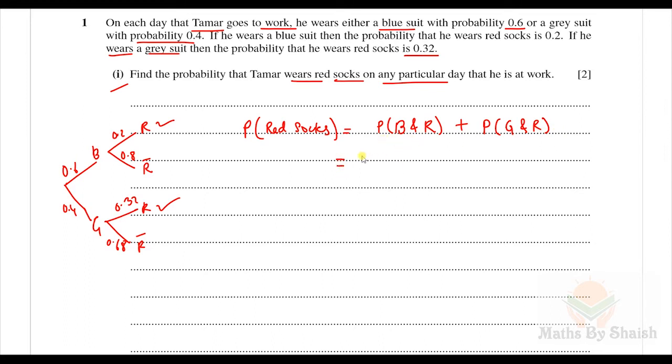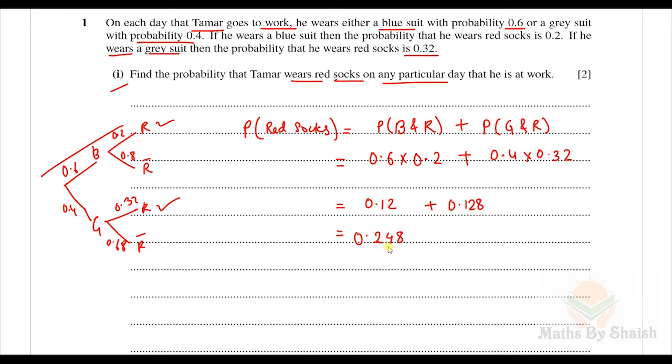It is going to be probability of B times probability of R, that is 0.6 times 0.2 corresponding to this branch, plus gray and red socks, so 0.4 times 0.32. That is 0.12 plus, 4 2s are 8, 4 3s are 12, 0.128, and that's why it becomes 0.248.